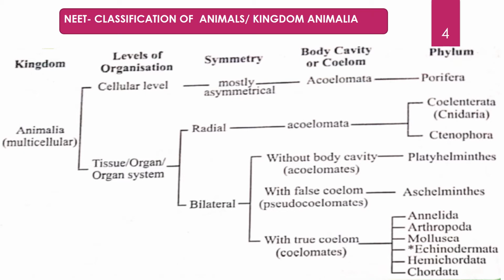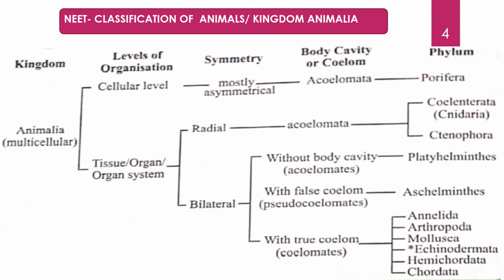Based on this, the animals in this category have two broad groups: one with radial symmetry and the other with bilateral symmetry. The ones with radial symmetry are acoelomates belonging to two phyla, Coelenterata, also called Cnidaria, and Ctenophora. The bilaterally symmetrical animals have three subdivisions, that is acoelomates, pseudocoelomates, and eucoelomates.